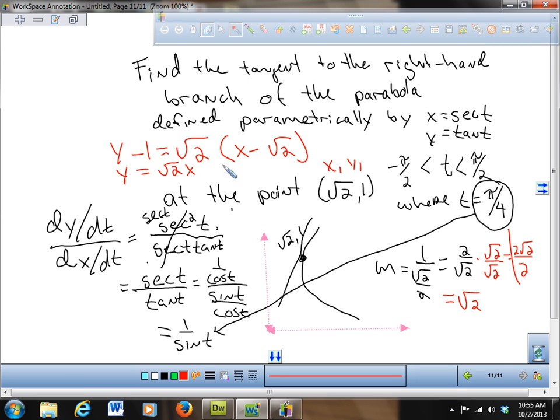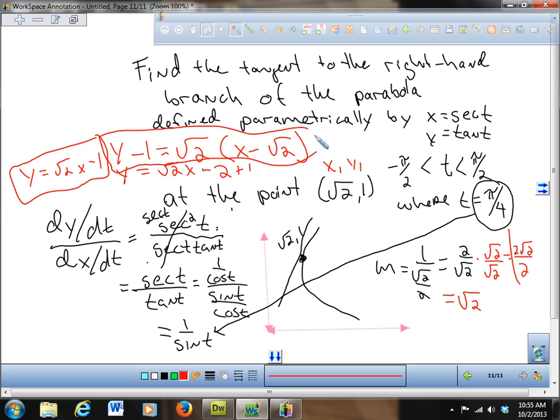If I put it into slope intercept form, if I wanted to, which I don't want to, you'd have y equals root of 2 times x minus 1. Whoa. But that's okay. This is just fine right here. So that's pretty ugly stuff, right? But it's kind of fun.